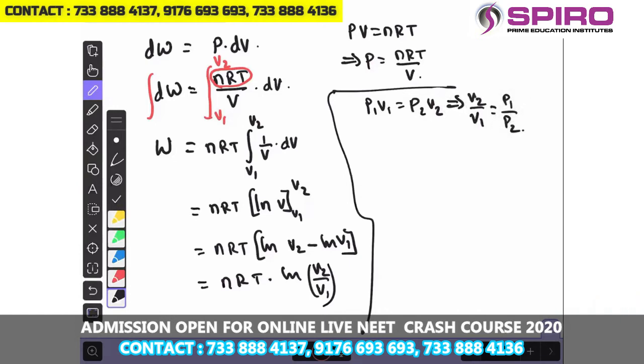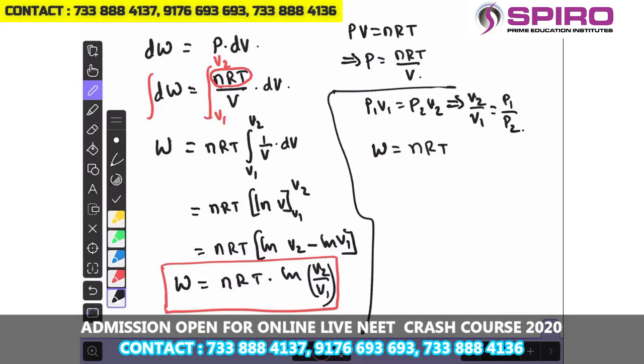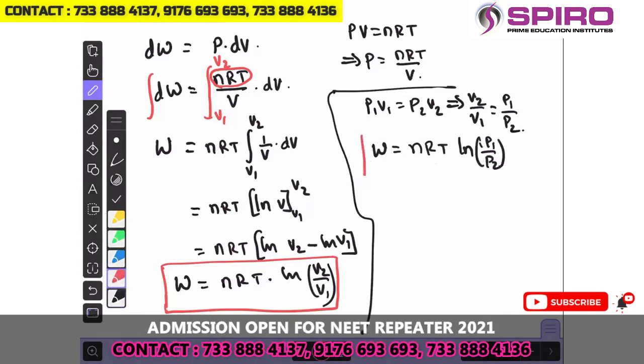So the isothermal work can be written in terms of the volume like this, and in terms of the pressure the work done can also be written as nRT ln P1 by P2. This is also the isothermal work done, and it is in natural logarithm, that is the exponential logarithm.